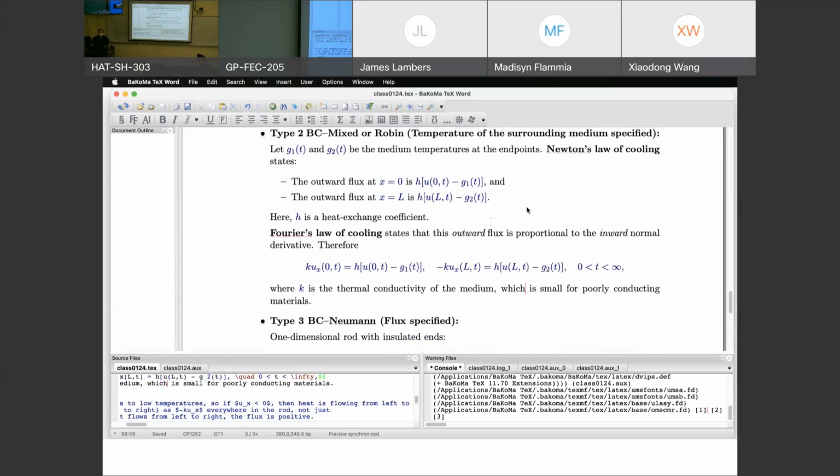Yes, the temperature of the medium. For instance, if the right end of the rod is sitting in water at a temperature of 30 degrees Celsius, then G2 of t would equal 30.